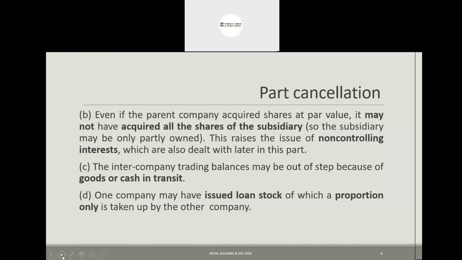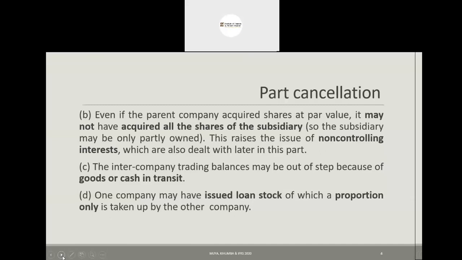Ideally, those two items should cancel out each other completely. The only issue would arise if those figures are of unrelated amount. And if they are, then the issue of intra-group trading, or the issue of goods or cash in transit, will arise.